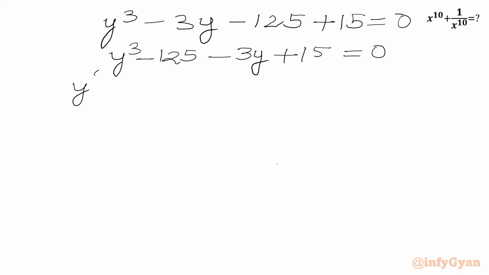Or we can write y cube minus 125, where 125 is 5 cube. Then from the last two terms I can take minus 3 common. So in the bracket I can write y minus 5.